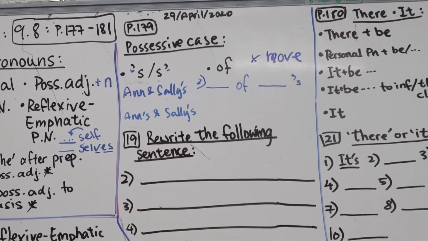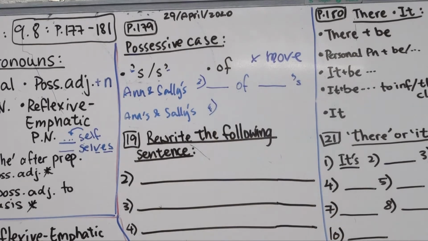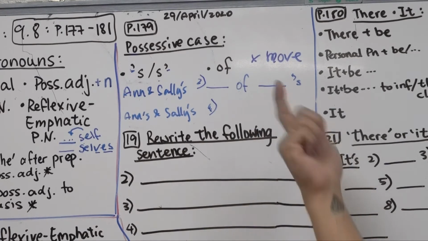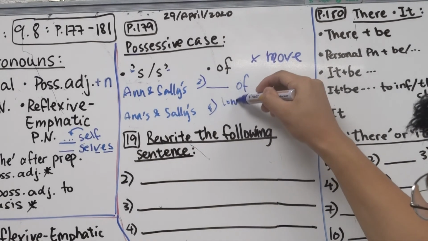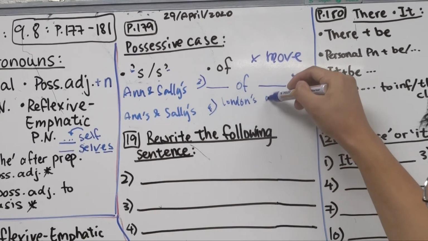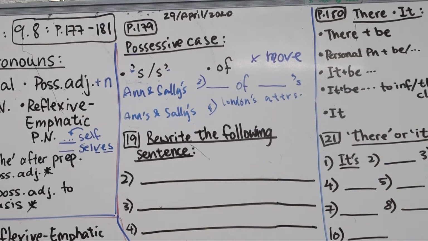Apostrophe S or of to talk about places or organizations. Usually they are put together in a sentence like the example: London's attractions, or you can say the attractions of London, okay? So it depends on how you flip them around. So let me write that down and show you. London's attractions. Let me abbreviate that. ATTRS.